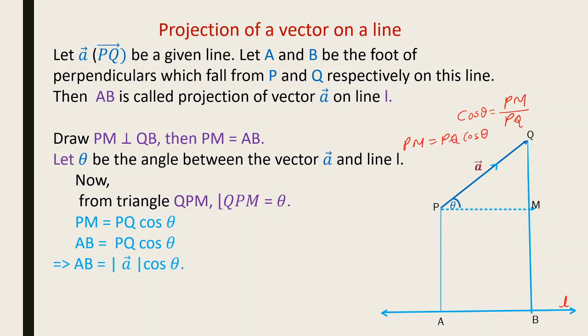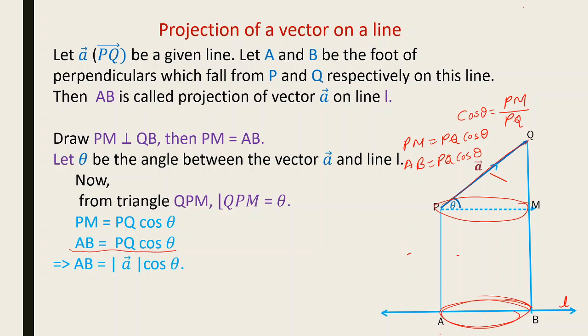What I need to find out here is AB, because the projection of PQ on line L is AB. PM and AB are the same. So AB is equal to PQ into cos theta. So finally I got AB is equal to PQ into cos theta.